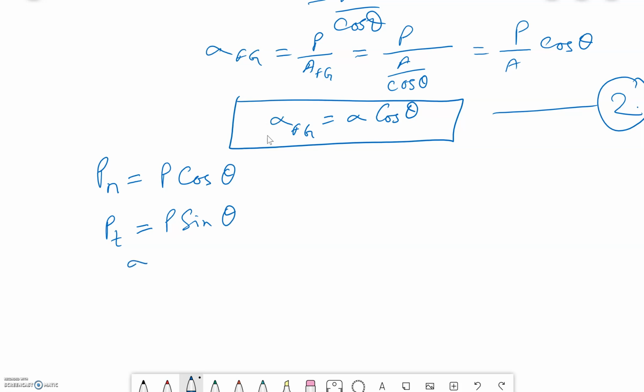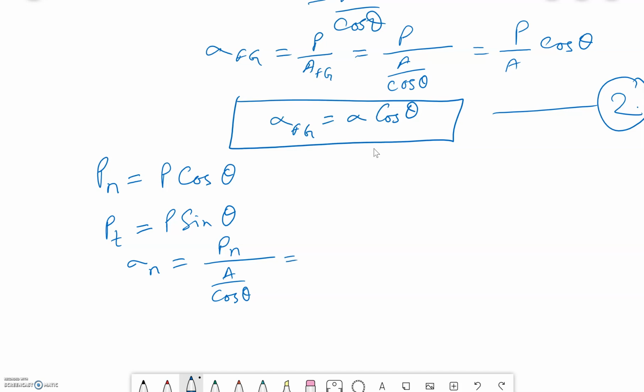Now let us consider sigma n as your normal stress. That is given by force per area. Force in this case is Pn, and the area of section FG is A by cos theta.